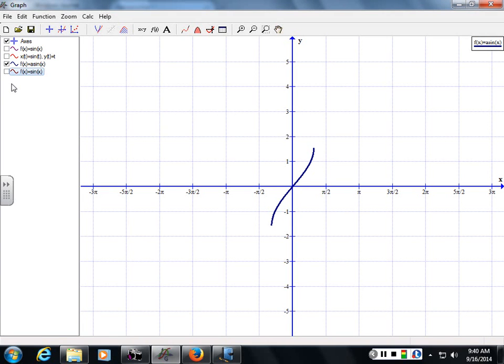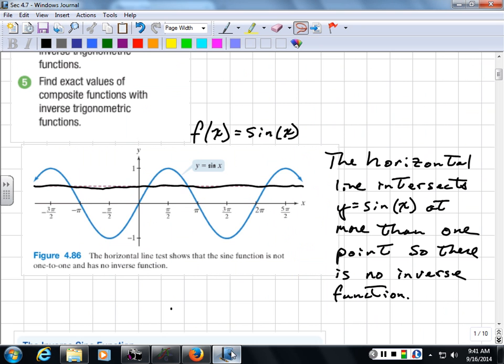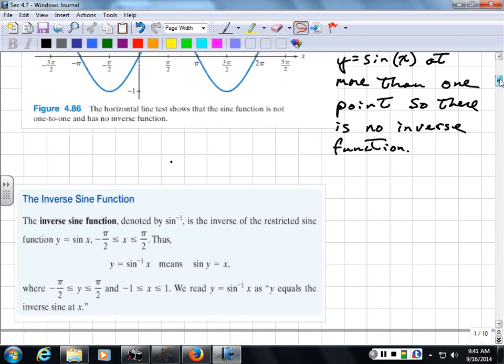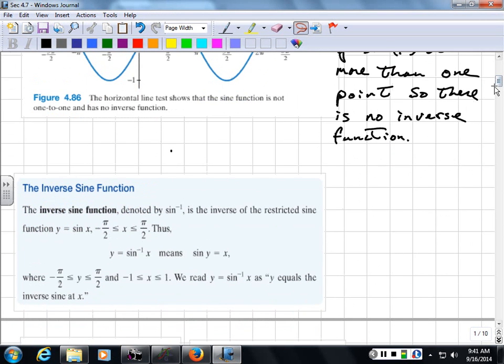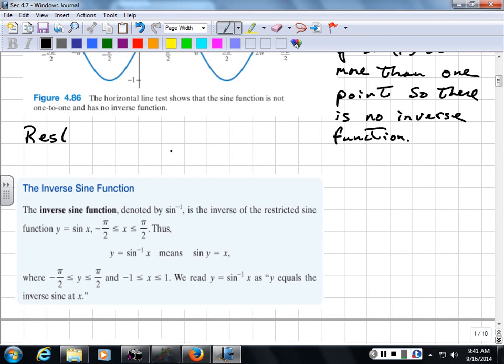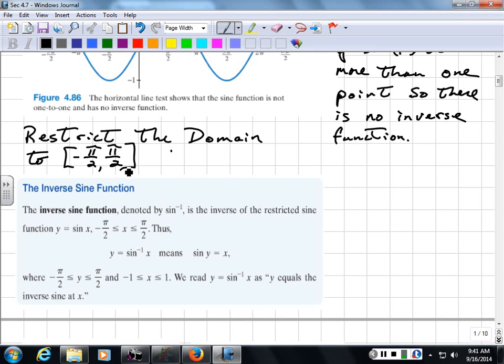Does that graph fail the vertical line test? No. So therefore, what we're going to do is we're going to restrict the domain of f of x to the following: negative pi over 2 to pi over 2.